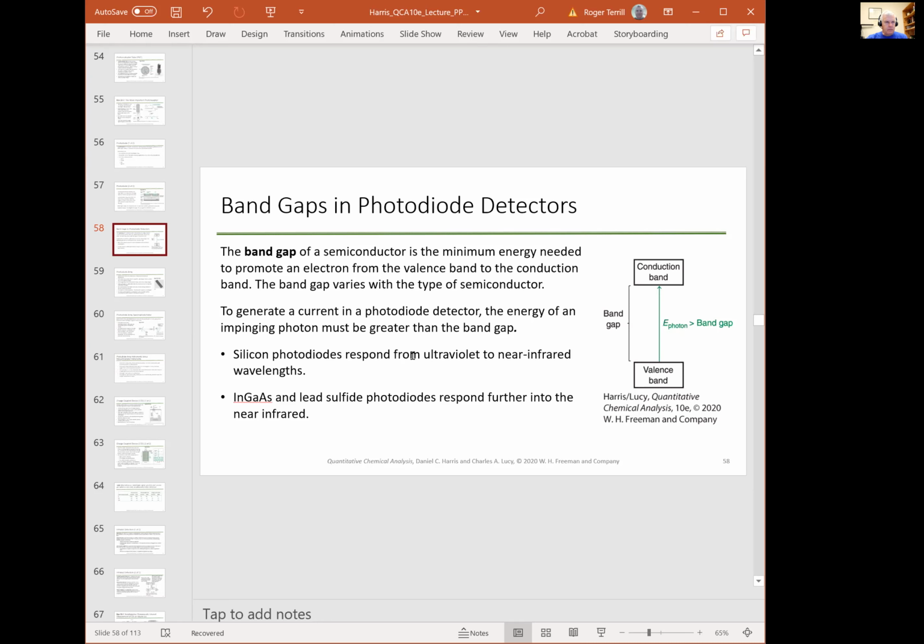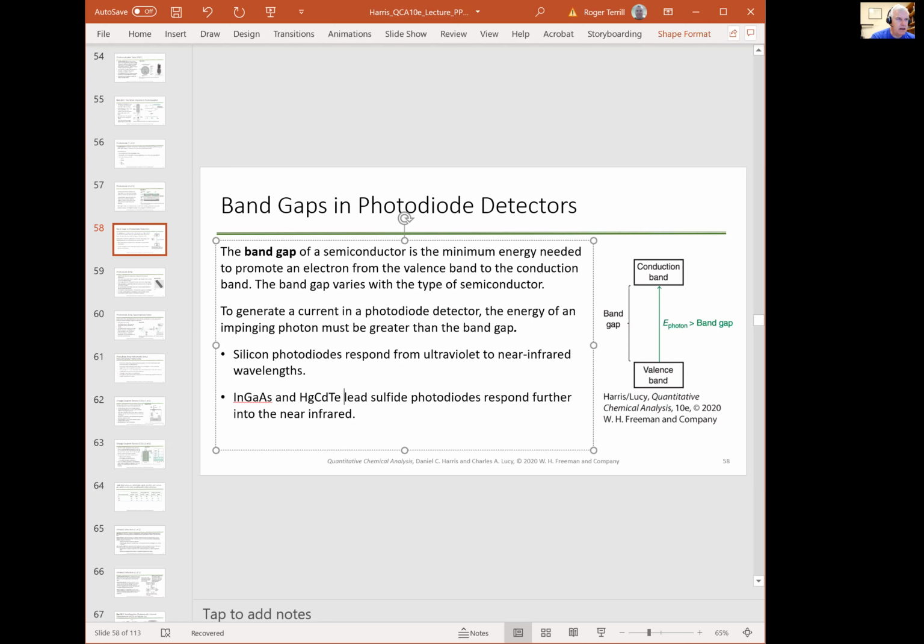So in the UV and the vis, they use silicon. In the near infrared, you use InGaAs. Then in the infrared, you actually use mercury cadmium telluride.